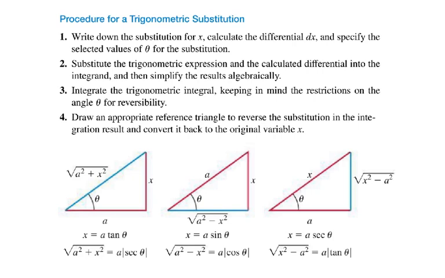Then we're going to use algebra to simplify. At that point, once we've simplified, we can integrate our trig integral. Remember, you have to keep in mind the restrictions of the range of that inverse function so that we have angle reversibility. And then, draw an appropriate reference triangle to reverse the substitution on the integration results. Convert it back to your original variable x.